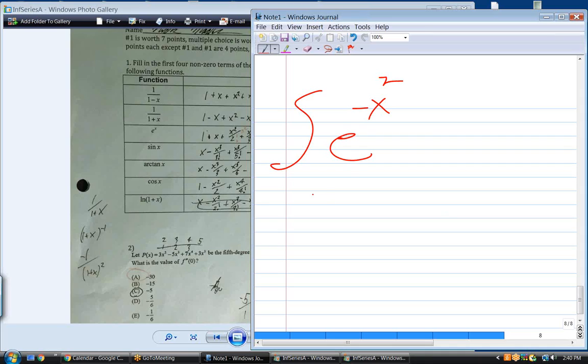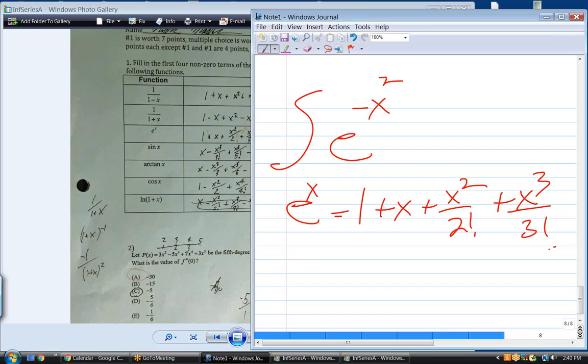But if we know that e to the x is equal to 1 plus x plus x squared over 2 factorial plus x cubed over 3 factorial, then what is e to the minus x squared equal to? Just square all those, I suppose.